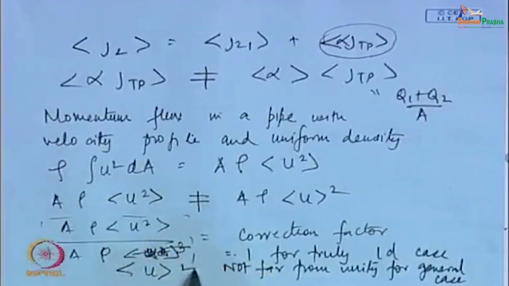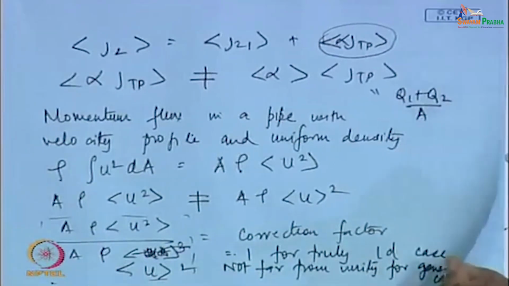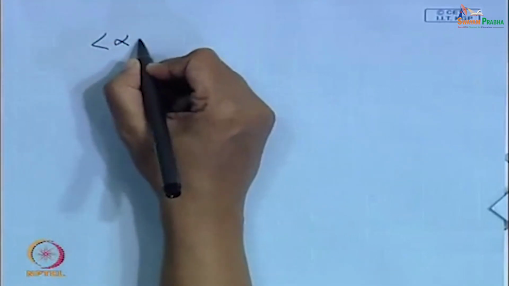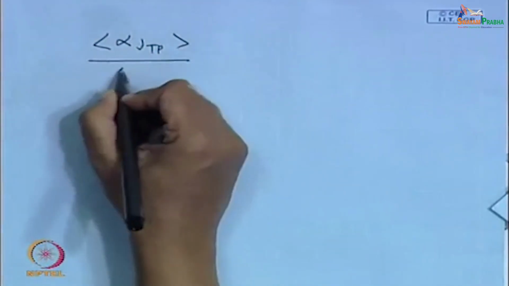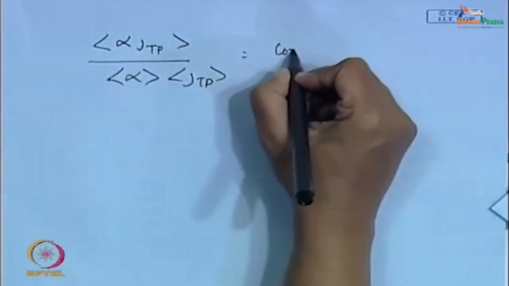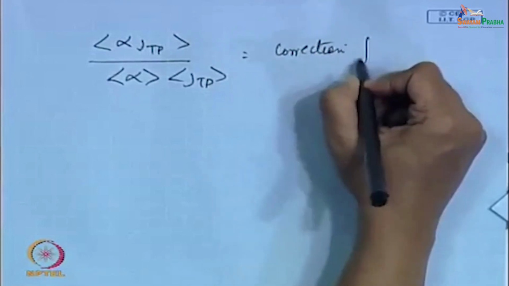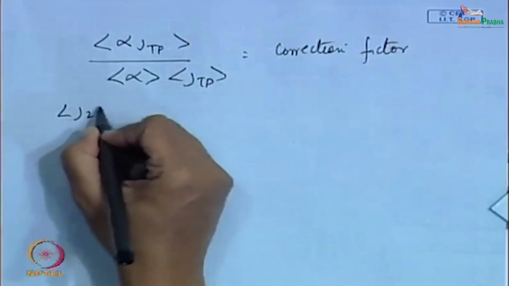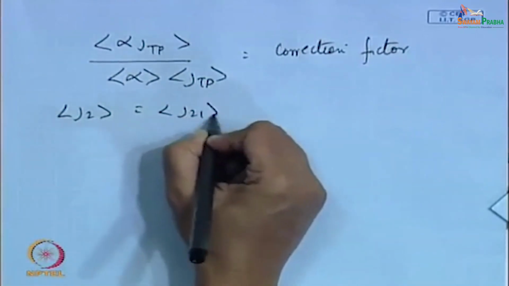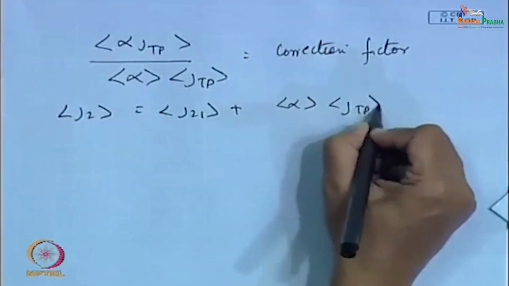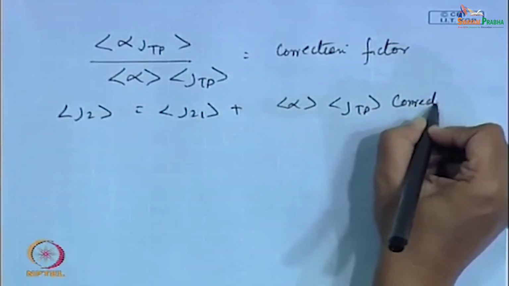So, using this particular concept, it was thought that in the same way, we can refer to this ratio as a correction factor, and then using the correction factor we can write the equation as J2 equals J21 plus alpha JTP into the correction factor.